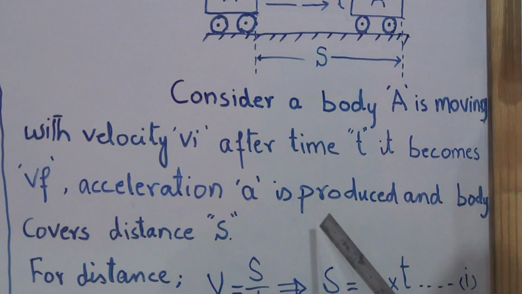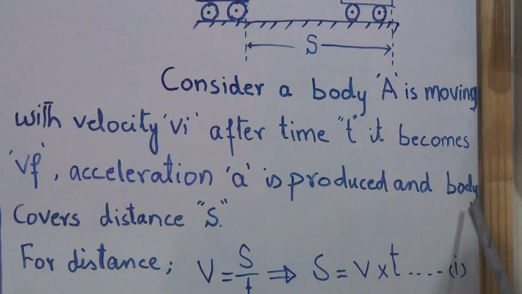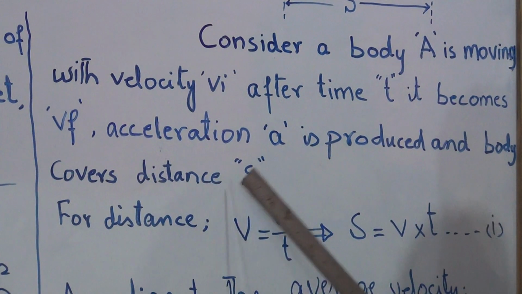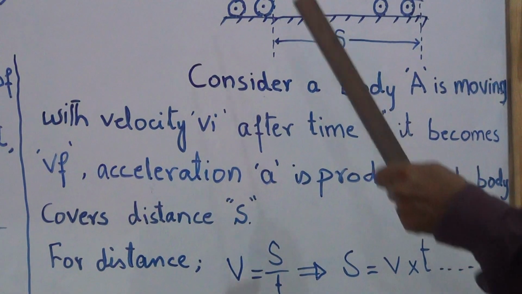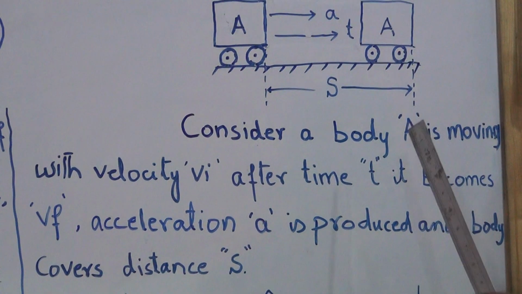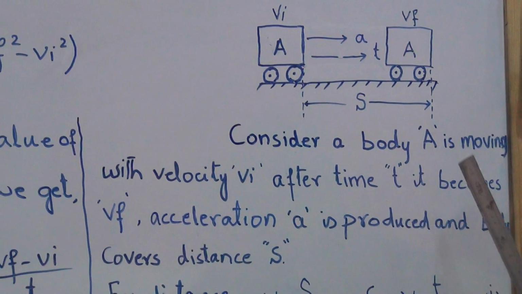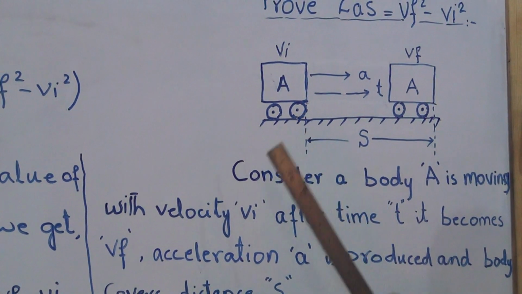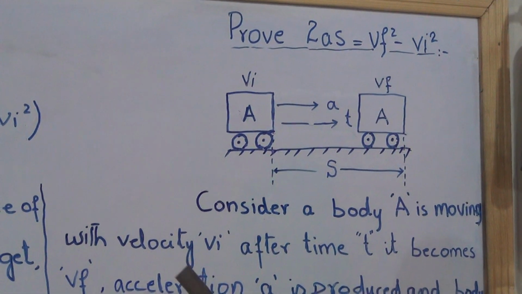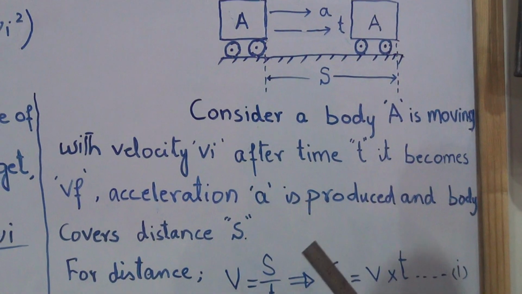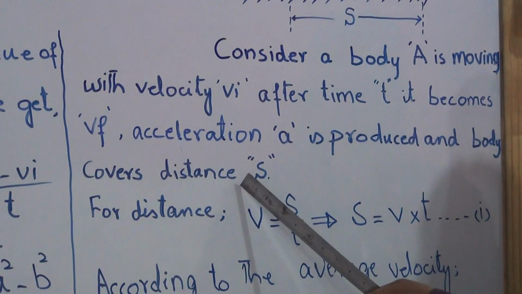Acceleration A is produced and the body covers distance s. So this is the description of this diagram. If in front of you they ask what this is, this is your answer. This is the description. Now we have to calculate the distance.